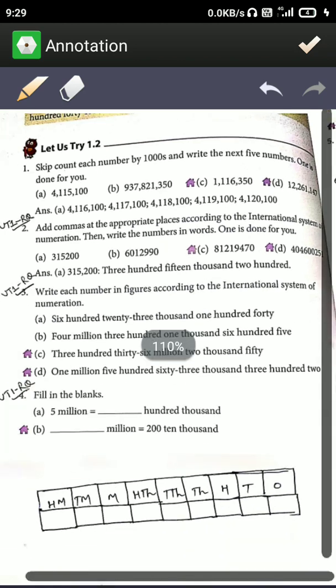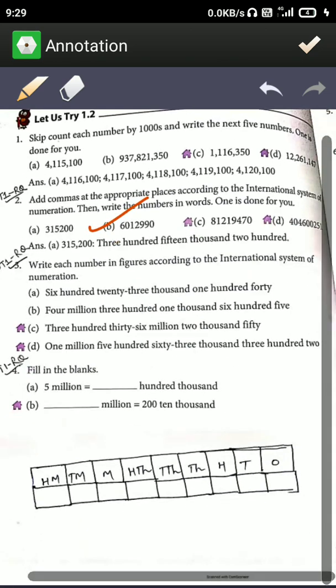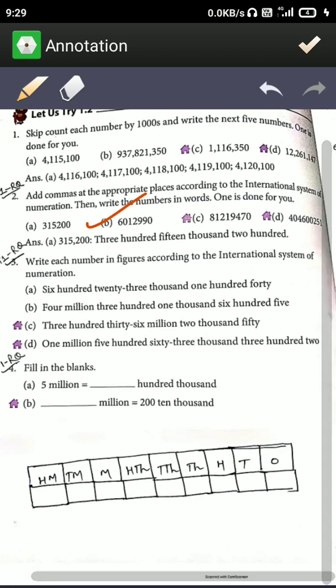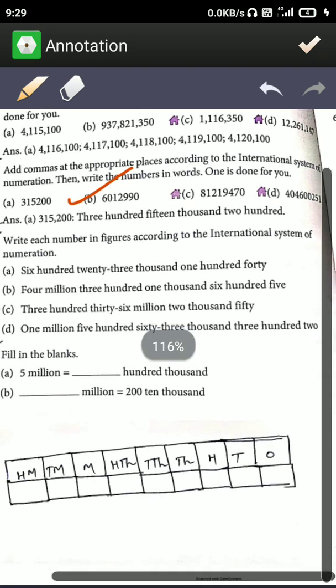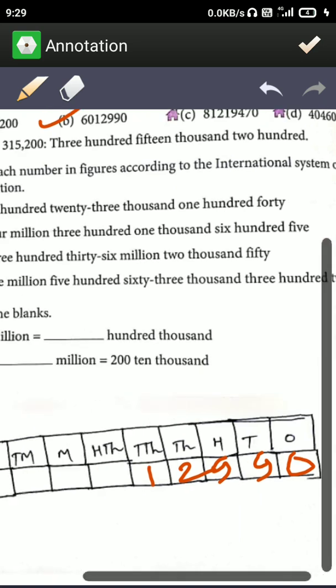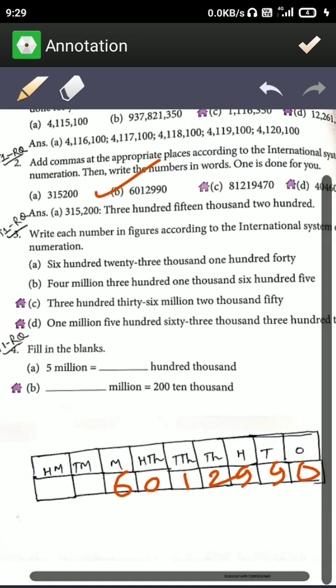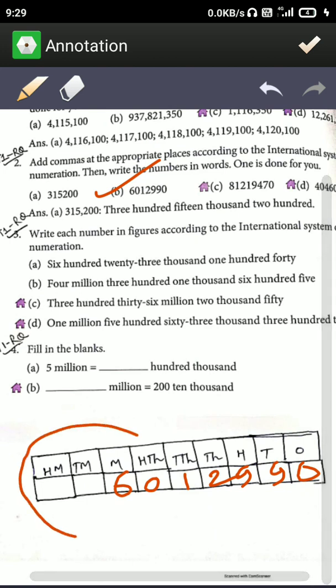Similarly, we can do that for the next question. This is 6012990. First, we will place it in the place value chart. So let's place it: 0, 9, 9, 2, 1, 0 and 6. Now can you read it? These are read together.